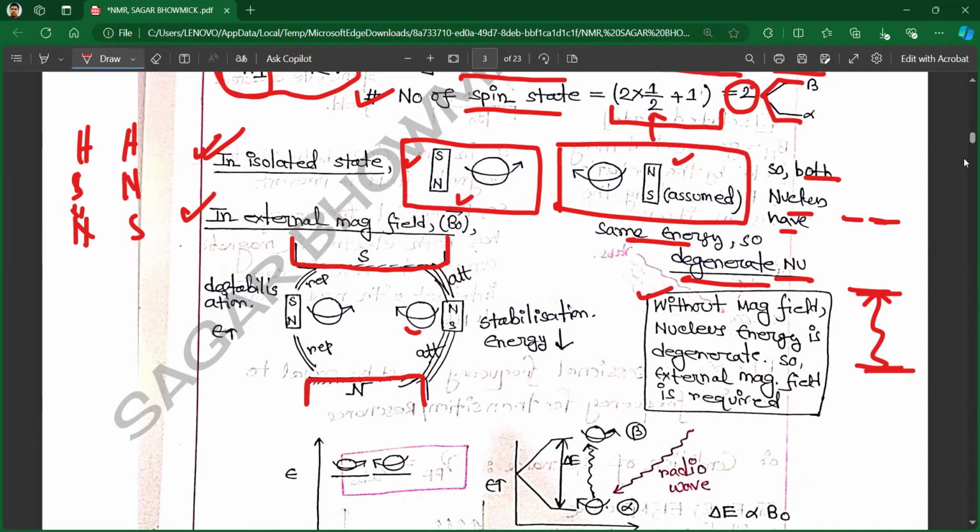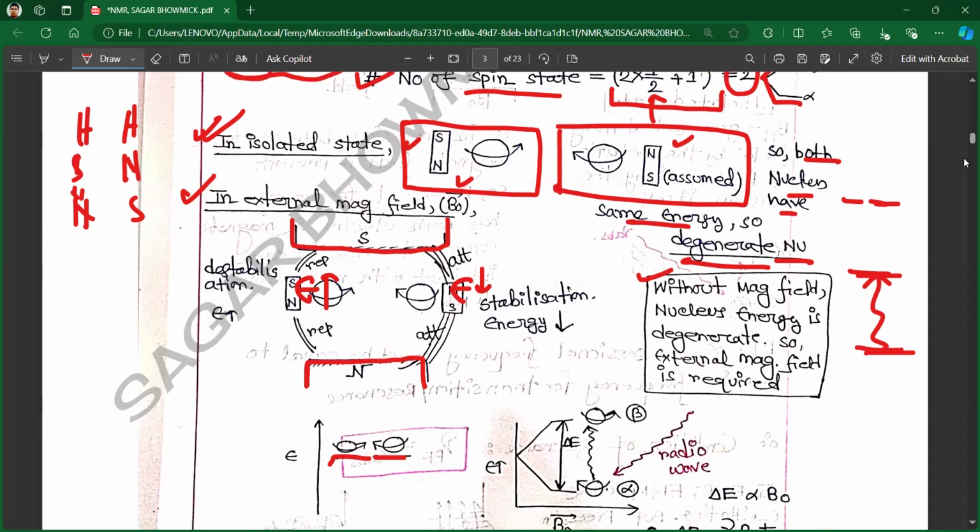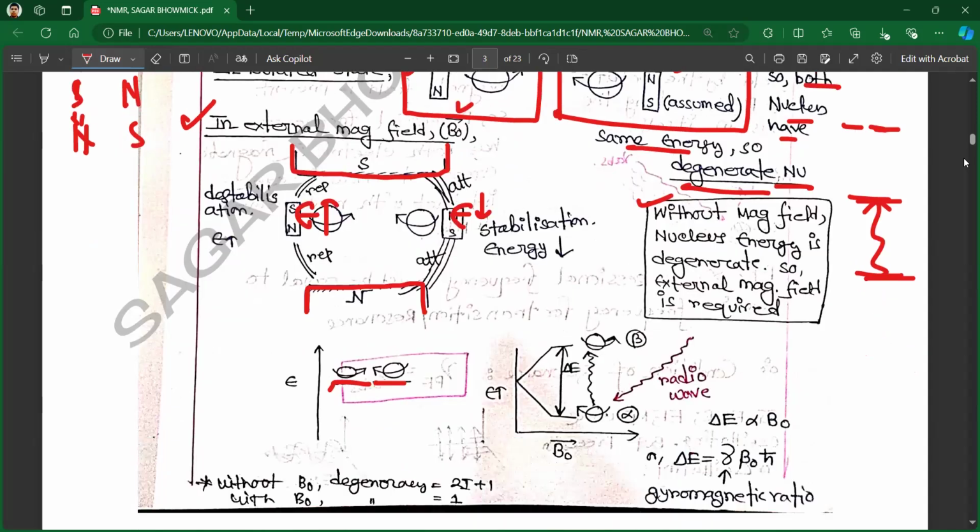Now you can tell me which one is more stable. This one is more stable, this one is less stable. That means the energy of this nucleus will be lower because it is more stable, and the energy of the other will be higher. Now, the nuclei which were initially in degenerate state will be split because one now has high energy and the other has low energy, right?